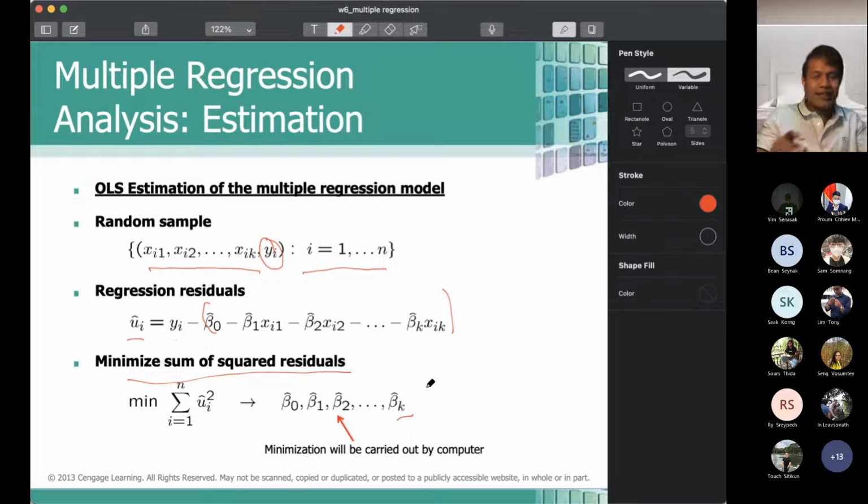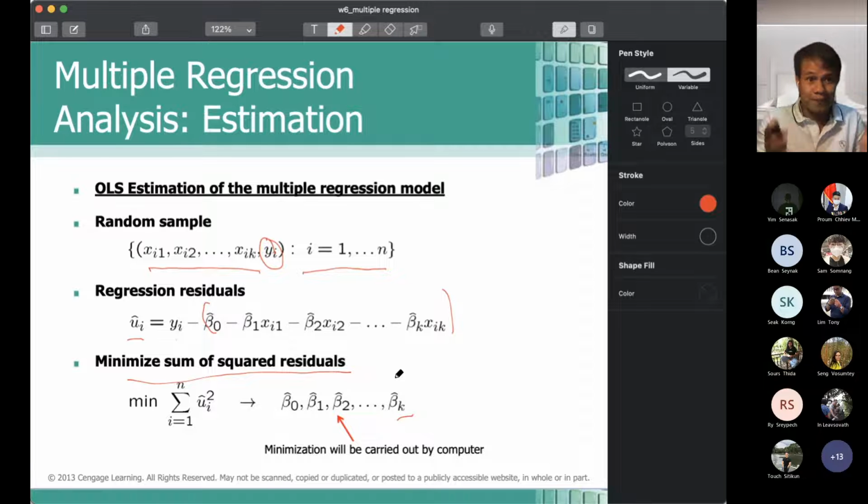But here, there is no clear mathematical equation because it is complicated with multiple linear regression. But you can see it from simple linear regression. We have a clear equation for delta 0 and delta 1. And the way we construct this is quite similar, but for multiple linear regression, it's difficult. But with a modern application such as Stata, this slope, this delta will be computed by the modern application.